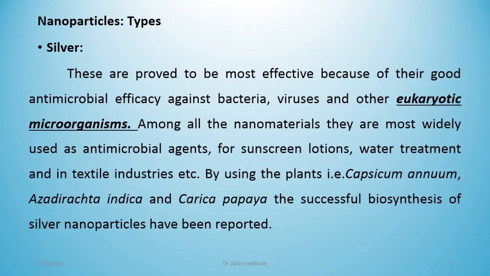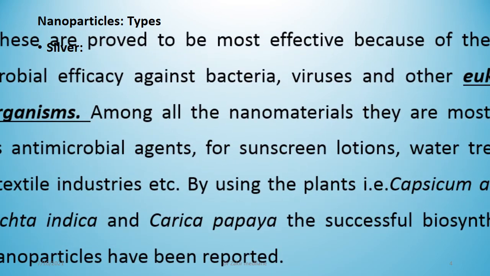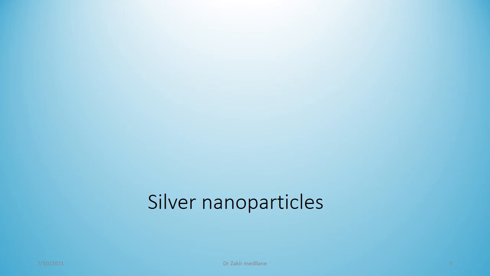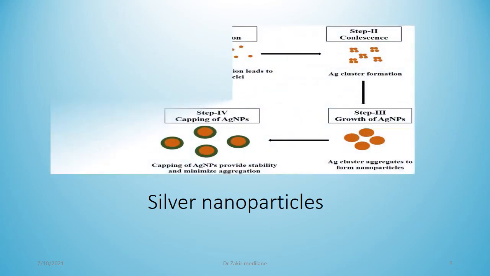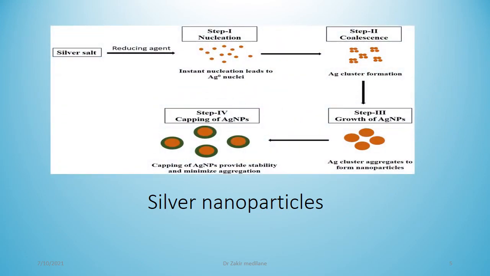Now we can see the next slide. It is a circular motion image showing how the nanoparticles are synthesized. We can have a look at the silver nanoparticles. The silver salts are used with a reducing agent, so in process 1, instant nucleation leads to silver nuclei.